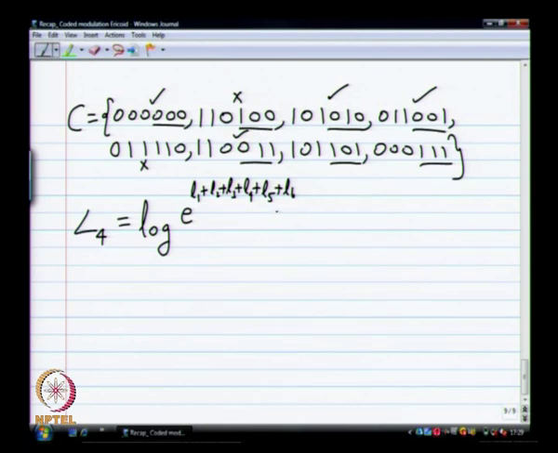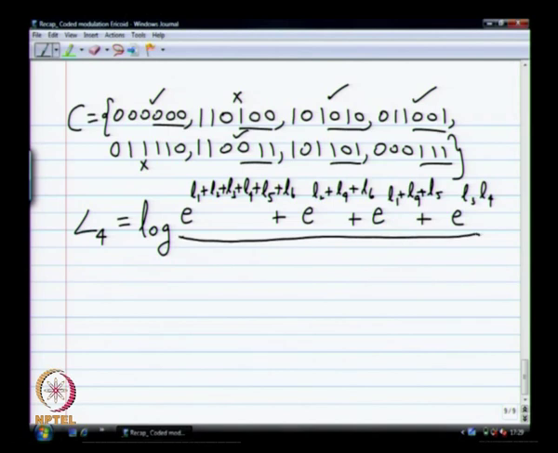Okay, what about the next term, e power L2 plus L4 plus L6. What about the next term, e power L1 plus L4 plus L5. What about the last term, e power L3 plus L4.